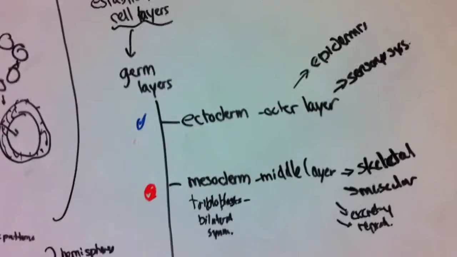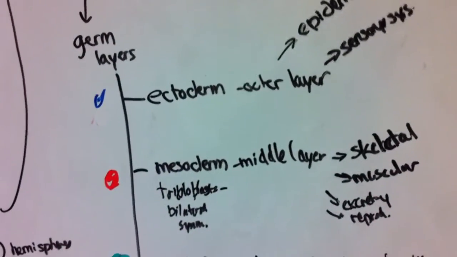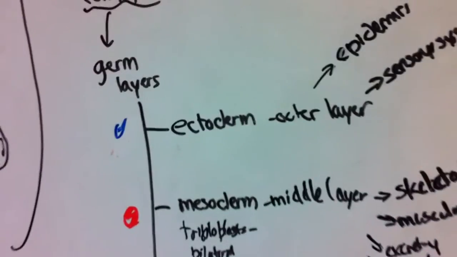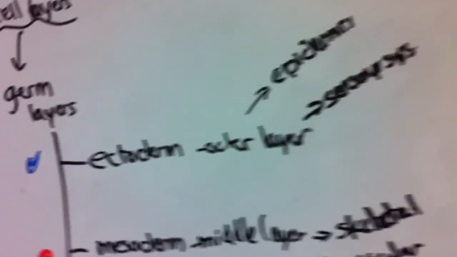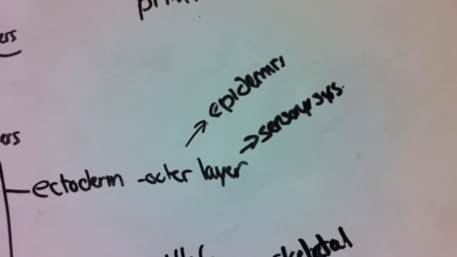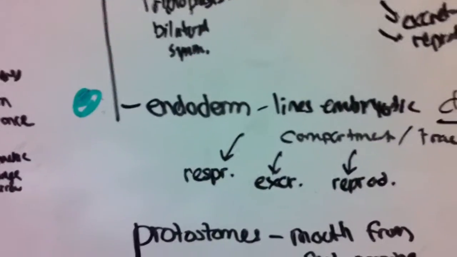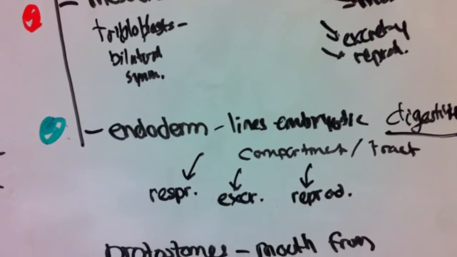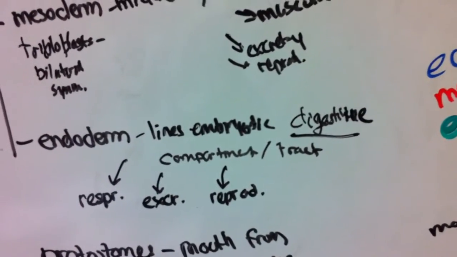So, germ layers. We're going to have 2 to 3, depending on what type of organism you're looking at. The outer layer is called the ectoderm, and it's going to consist of things like the epidermis and sensory systems. And the inner layer is called the endoderm, and it'll start to line the embryonic digestive compartment and tract.